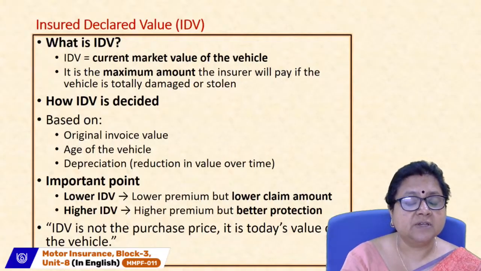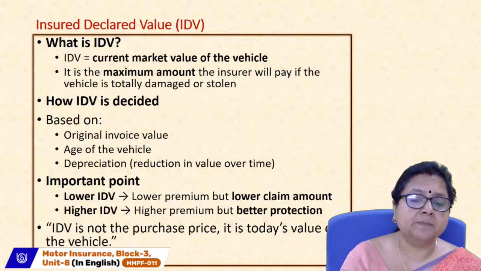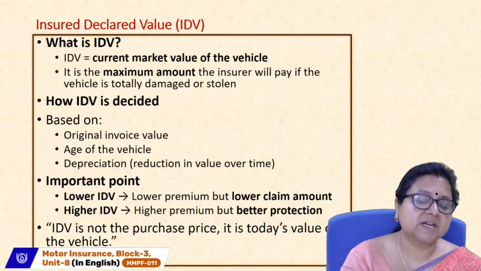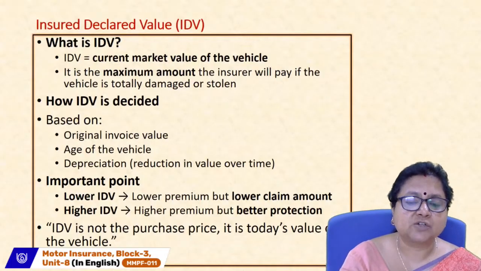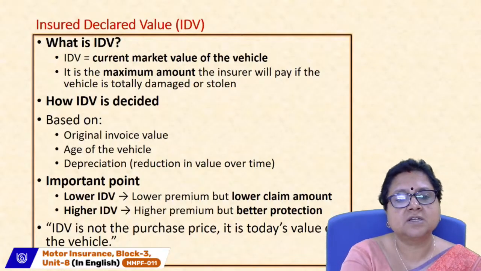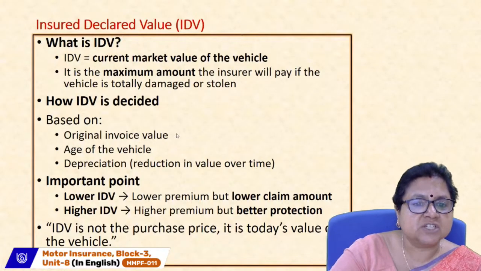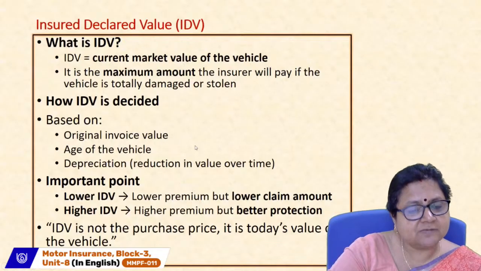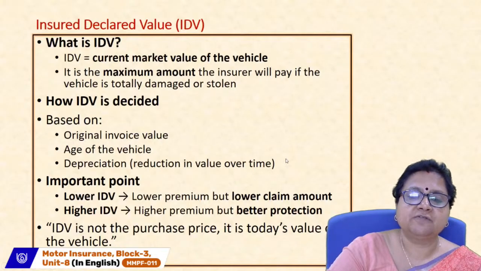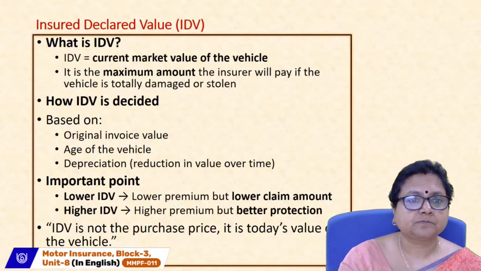Lower IDV means lower premium, but a lower claim amount also. Higher IDV means higher premium and a better claim amount. That means a higher limit will be set. So IDV is not actually the purchase price, but the real price of that vehicle, considering these three aspects: the original invoice value, the age of the vehicle, and the depreciation of the different spare parts.